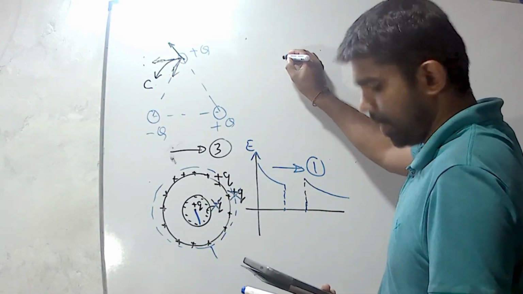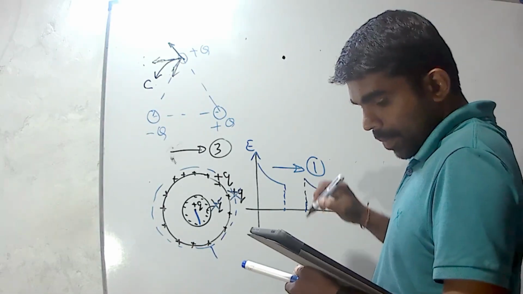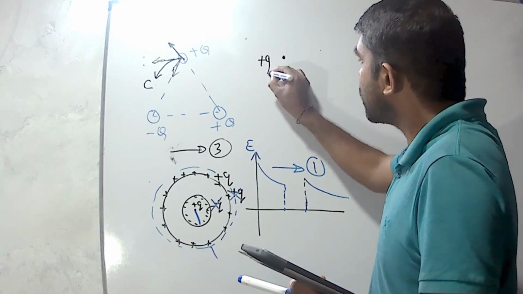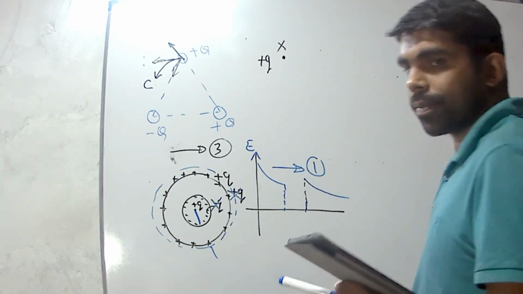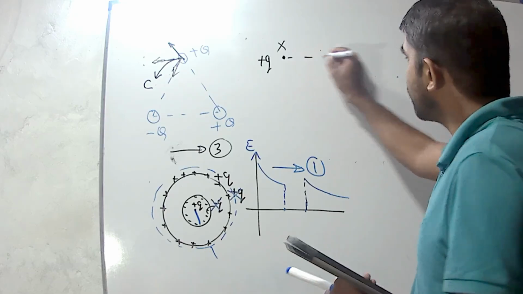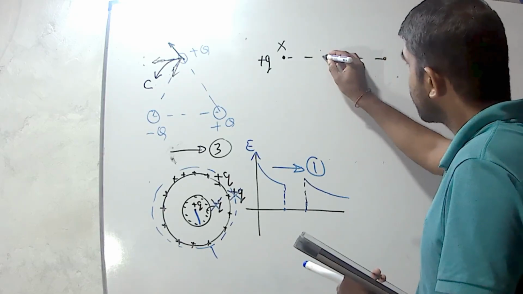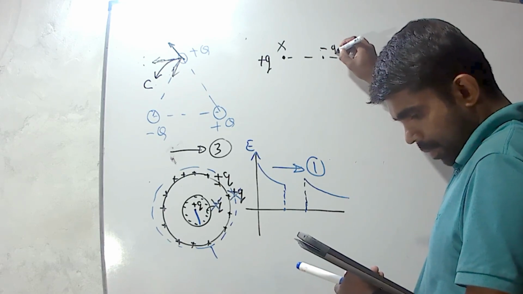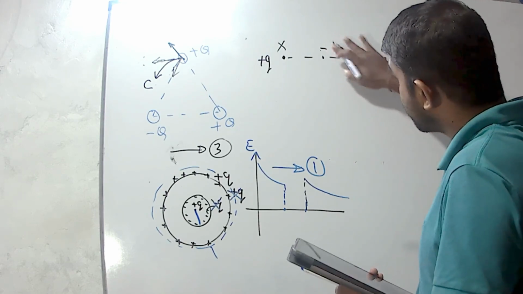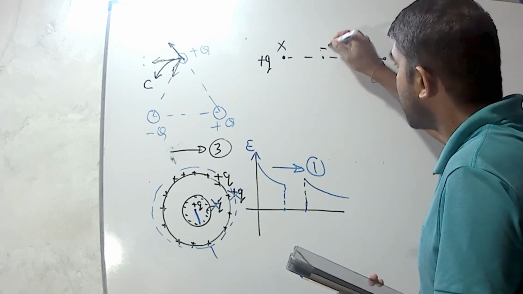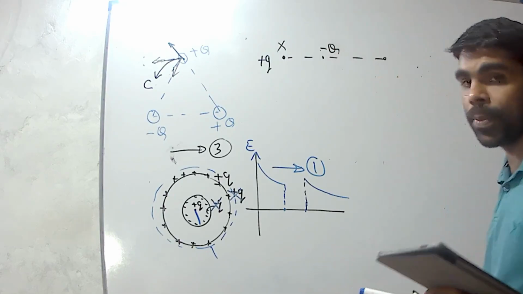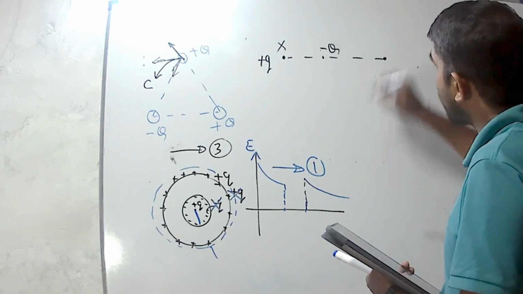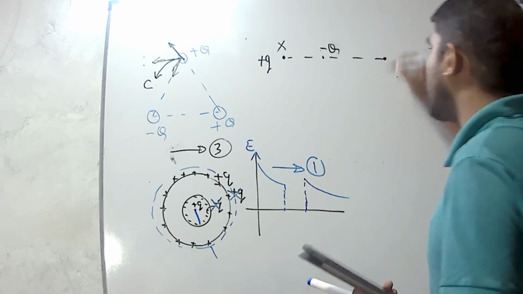Then we can get there is a positive charge at point x and a minus charge has been placed at this place. I will consider it as minus capital Q. We have to find charge at this place.